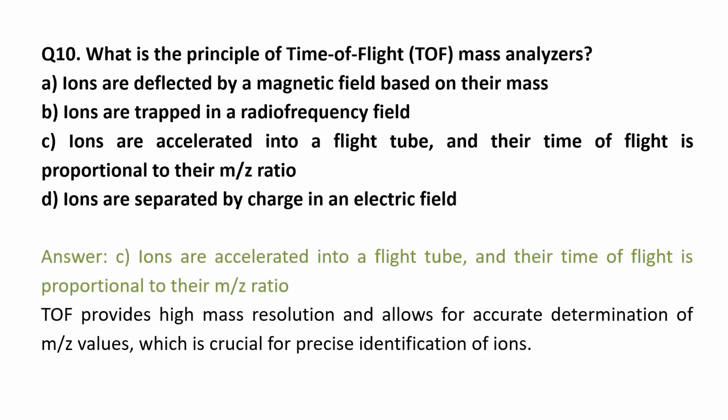The answer is C. Ions are accelerated into a flight tube and their time of flight is proportional to the m by z ratio. TOF provides high mass resolution, which allows for accurate determination of m by z values, which is crucial for precise identification of ions.